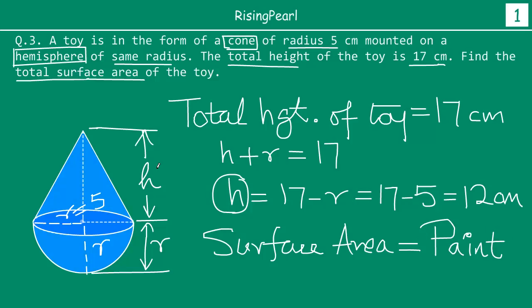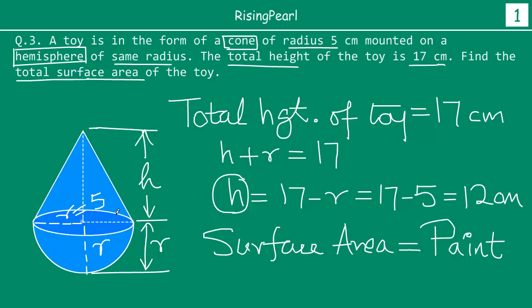For example, this is a blue color toy and we want to paint it red. The area on which we have to apply the paint will be the curved surface of the cone, which is the top of the cone, and the curved surface area of the hemisphere.